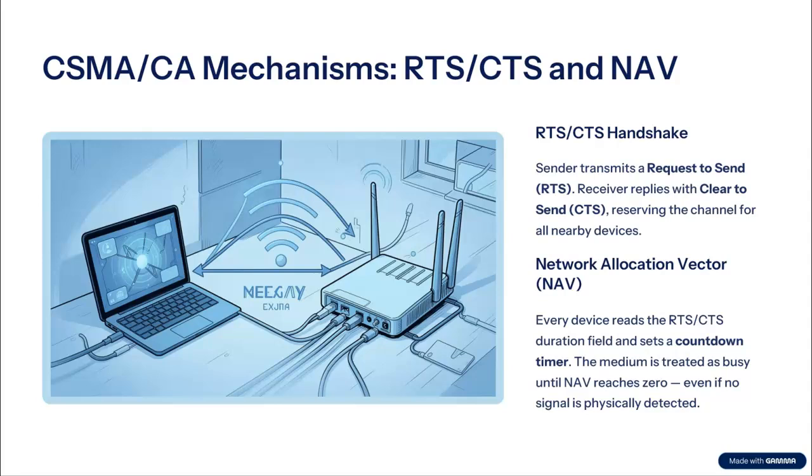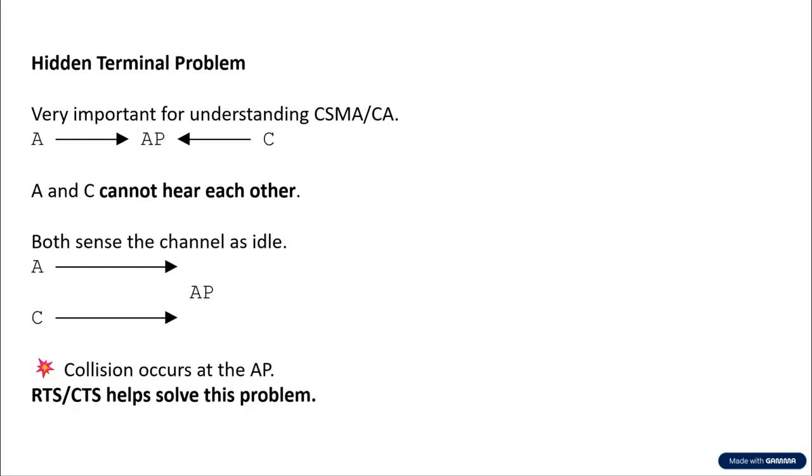Every device reads the RTS/CTS duration field and sets a countdown timer. The medium is treated as busy until this timer reaches zero, even if no signal is physically detected. So RTS/CTS mechanisms along with the NAV make CSMA/CA very proactive in collision avoidance.